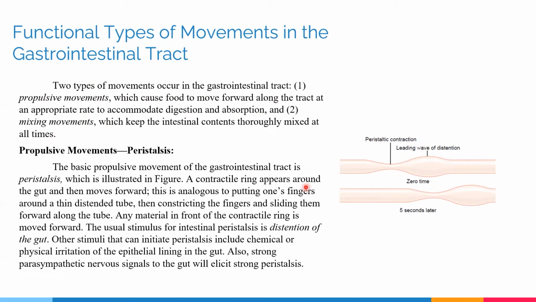Here we can see the propulsive movements, that is peristalsis, where at zero time, when the peristaltic contraction occurs, there is a leading wave of distension that after some time extends along the gastrointestinal tract.